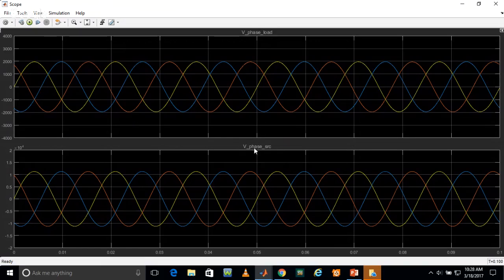And this is the three phase source voltage, which is up to, as we already know, 13,800 volt. So it has shown in there. So as we can see, this is how to connect a three phase RLC load which has a different voltage parameter to the three phase source using a linear transformer.